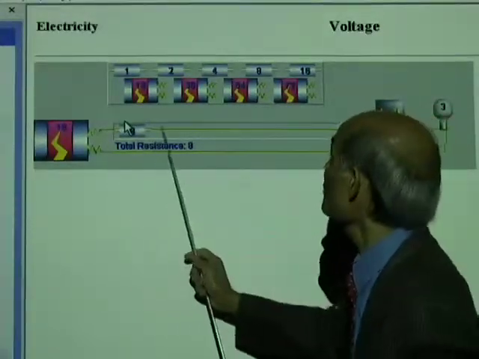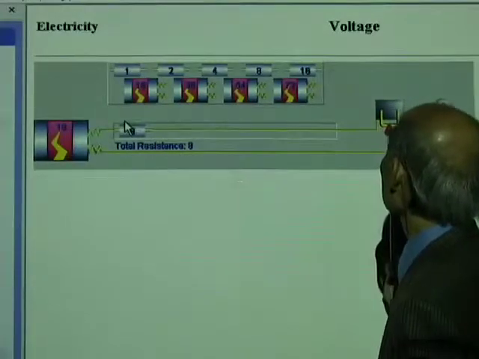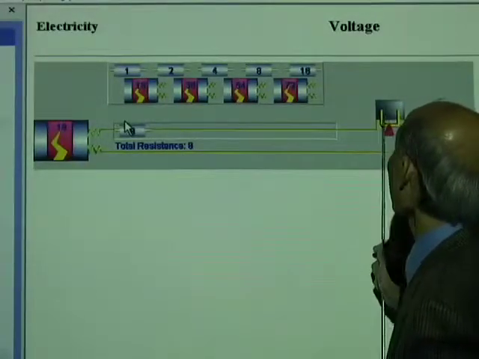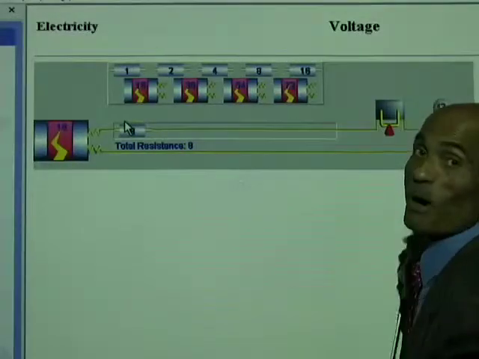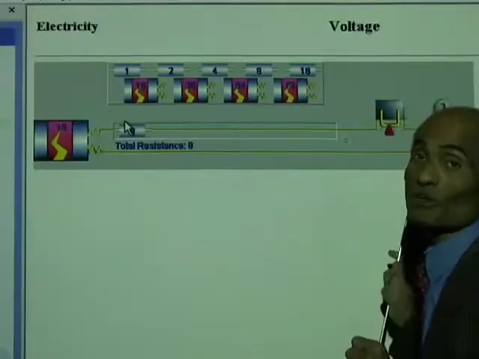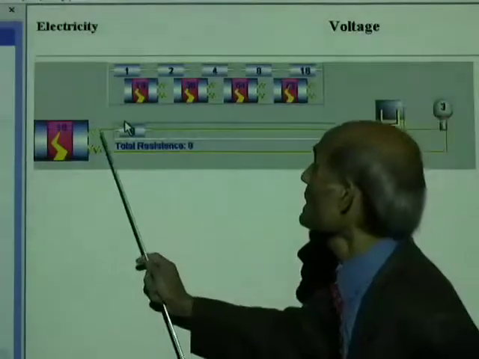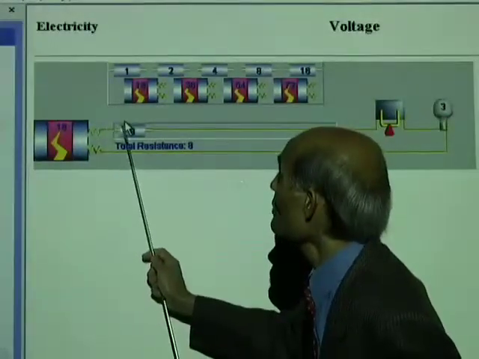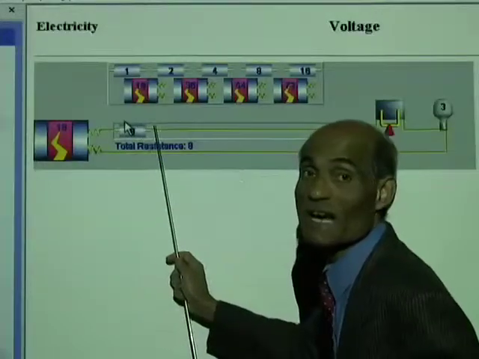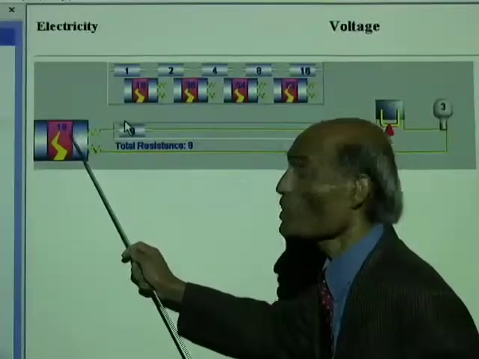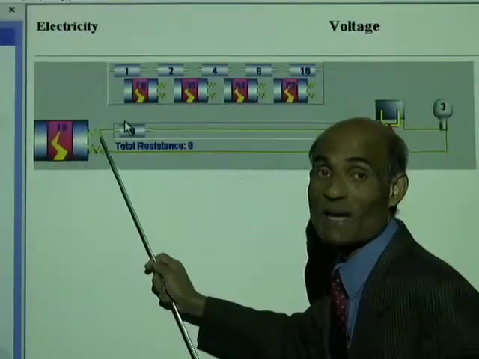We can set up this circuit, and this circuit has a switch on off. It contains a bulb. The maximum current the bulb can take is 3 ampere. And this is the cell, and you can put the resistor here.